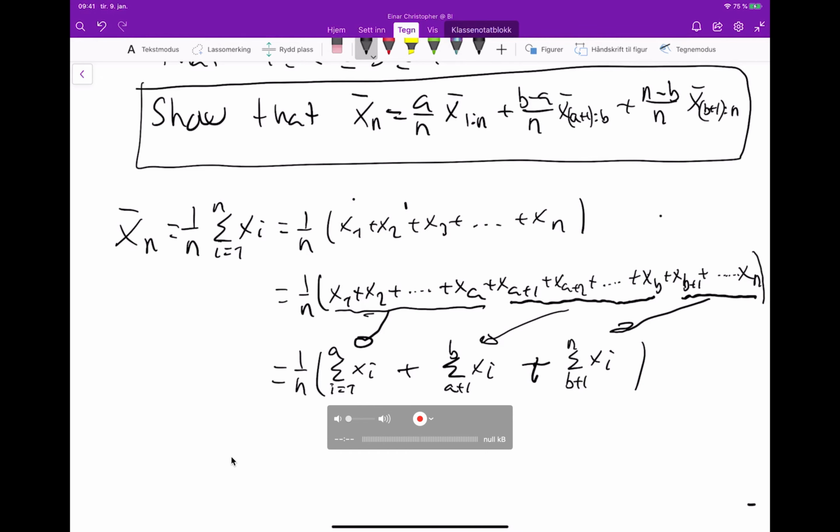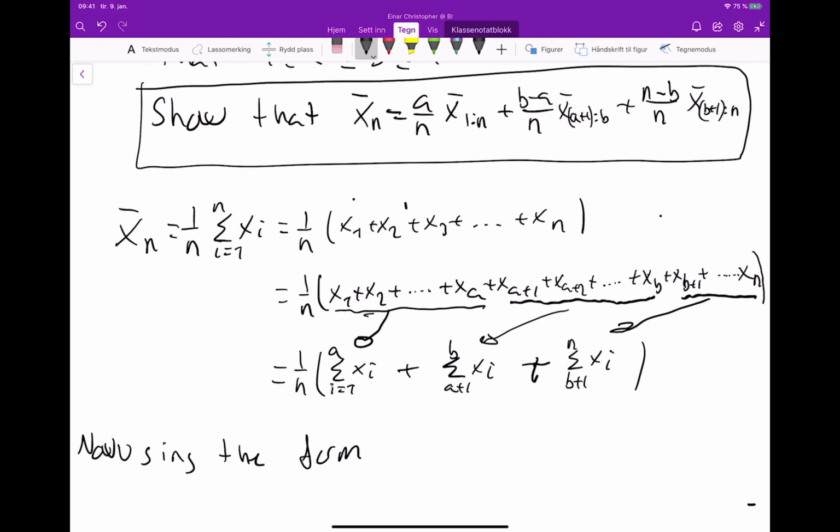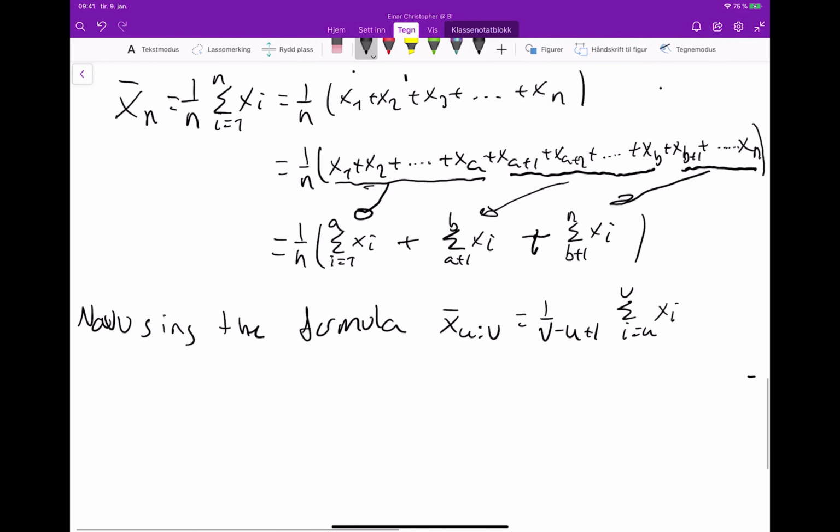So now using the formula x bar u colon v equals 1 divided by v minus u plus 1, sum i equals u to v of xi, this can be rewritten if I now multiply both sides with v minus u plus 1.